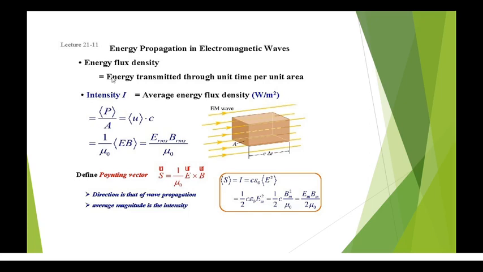So energy flux density, which is known as the Poynting vector, is the energy transmitted through unit time per unit area.